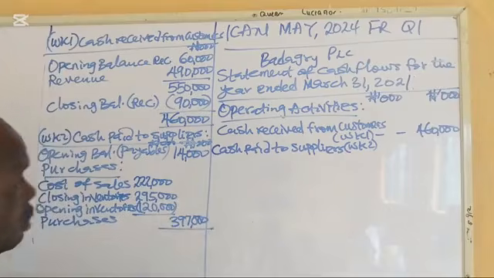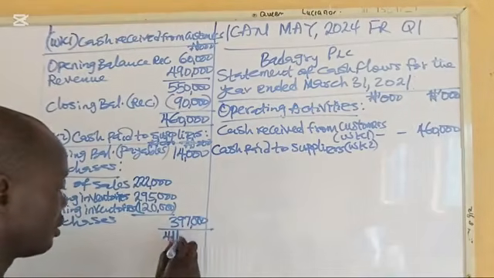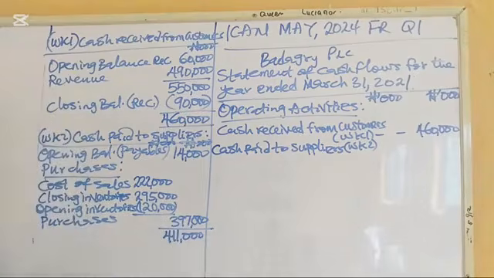397,000. If you add it to 14,000 opening, you have 411,000. Followed by what?